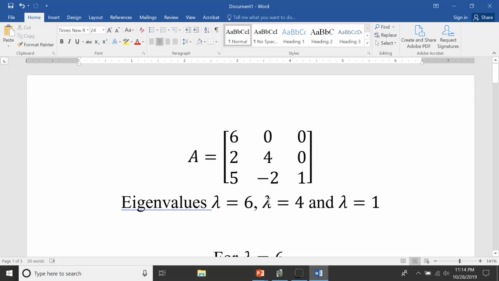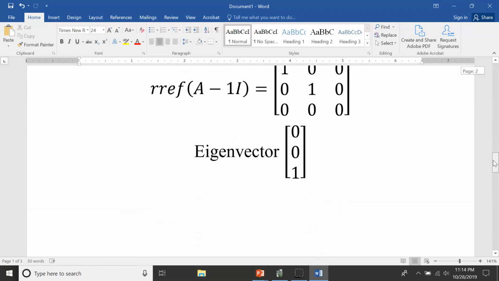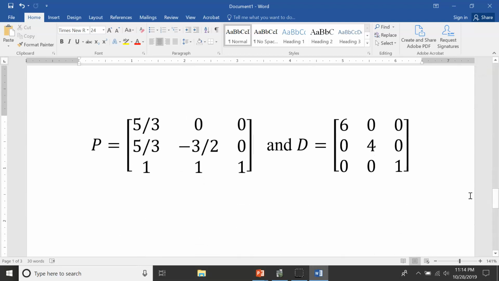So if I have 3 distinct eigenvalues, I'm going to have 3 eigenvectors. Since we started with the 3 by 3 matrix, that guaranteed enough eigenvectors to fill up my P.